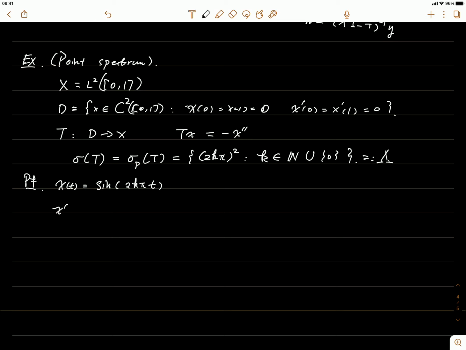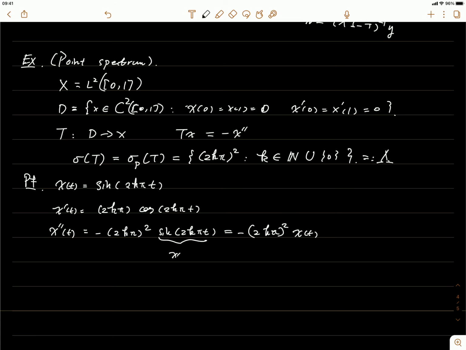Then you know that x prime of t is equal to 2kπ times cosine of 2kπt, and x double prime of t will be negative (2kπ) squared sine of 2kπt. So this becomes negative (2kπ) squared times x of t itself, because this is essentially x(t) itself.